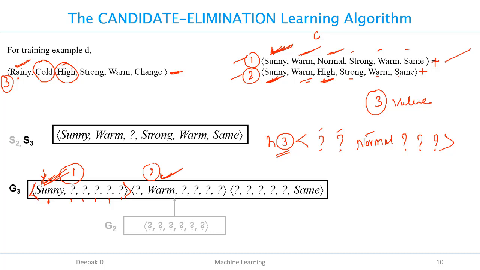When we go with the second instance, that is sunny, here also any value is acceptable, warm any value is acceptable, but here you have normal and high. So when I consider normal, this H3 hypothesis will classify the second instance as a positive instance.